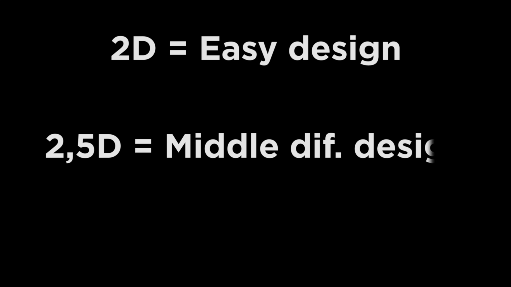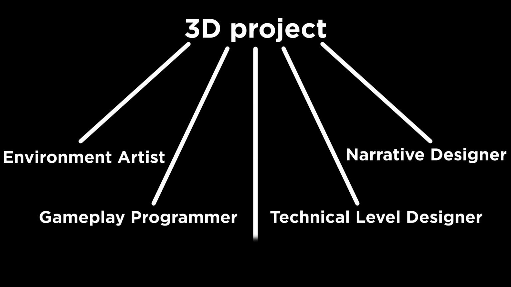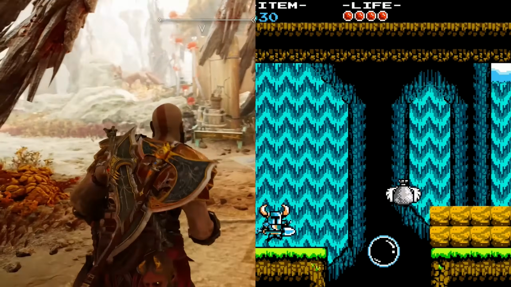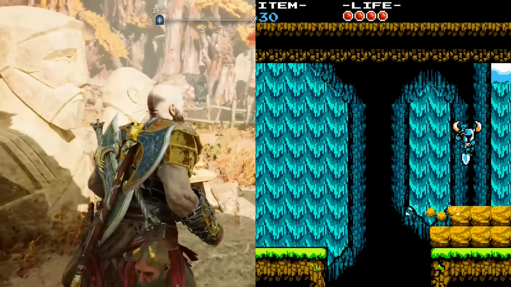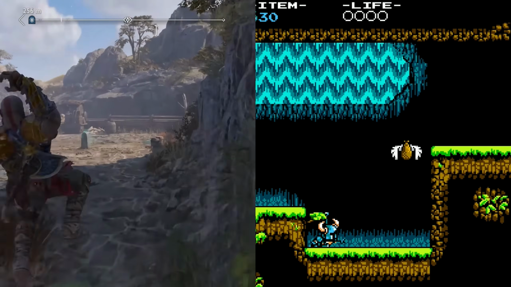I have stated that the design for specific genres varies. I have simplified it a lot by saying it gets more complicated with the dimensions being used. What I meant by that is that for a 3D project you usually need more people working on a level, because the player usually interacts with the environment in more different ways than just simply progressing through chronologically.